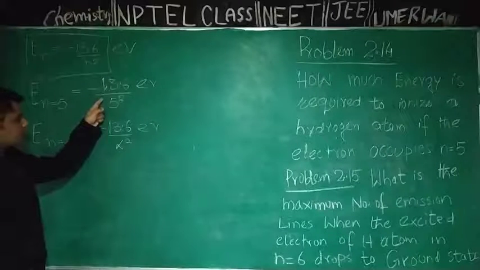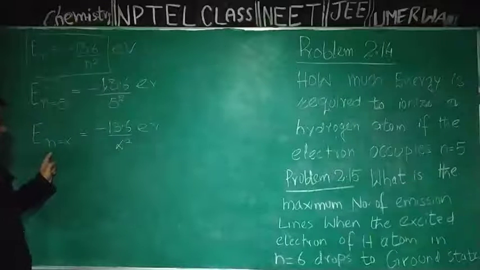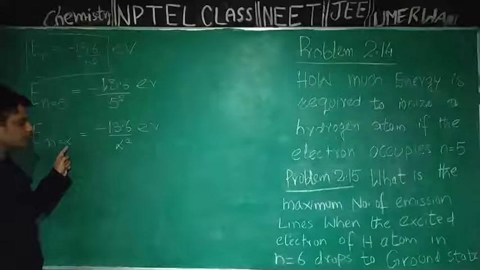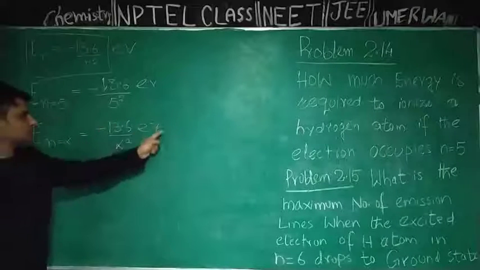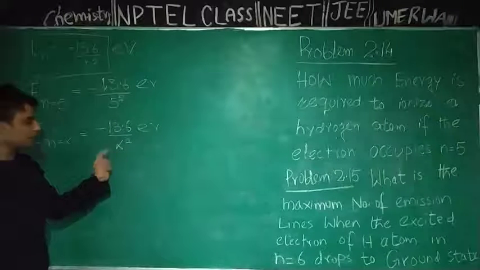In the fifth orbit the electron has this much energy, and we want to take it to some infinite place away from the influence of the nucleus, where its energy will be minus 13.6 electron volt divided by infinity square.